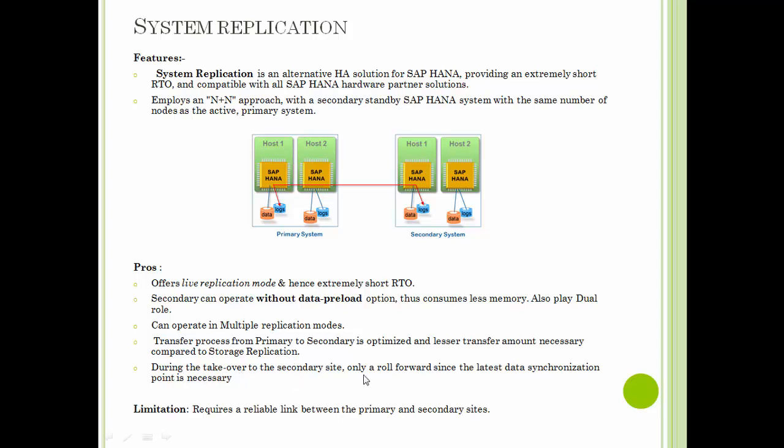And during the takeover to the secondary side, only a roll forward since the latest data synchronization point is necessary. Only the missing logs at the secondary have to be replayed because it is a live replication, that is, live synchronization keeps running. So from the latest data synchronization, only a roll forward is necessary. And the limitation is that it requires a reliable link between the primary and secondary site.